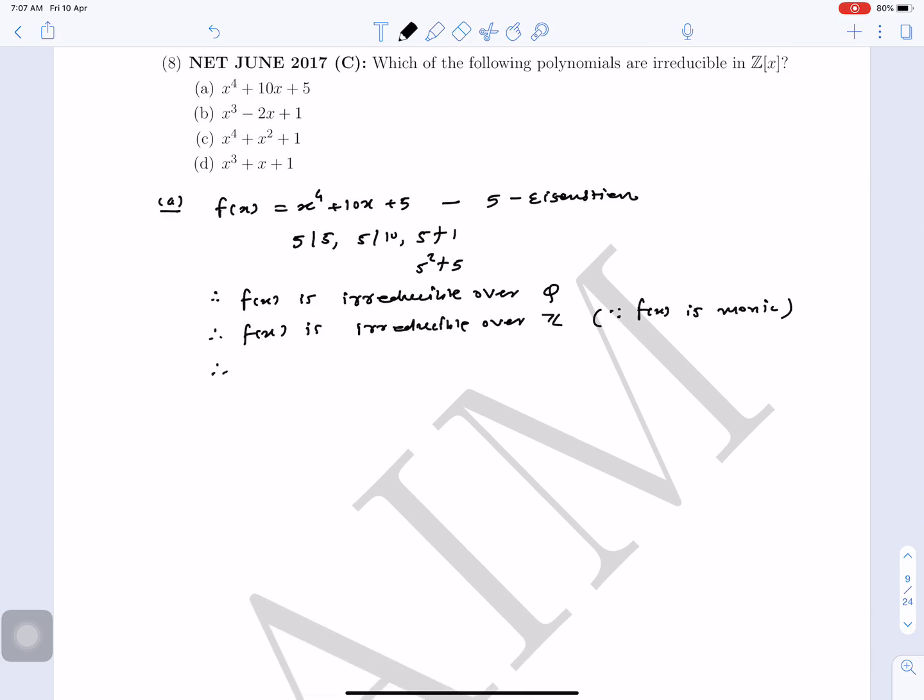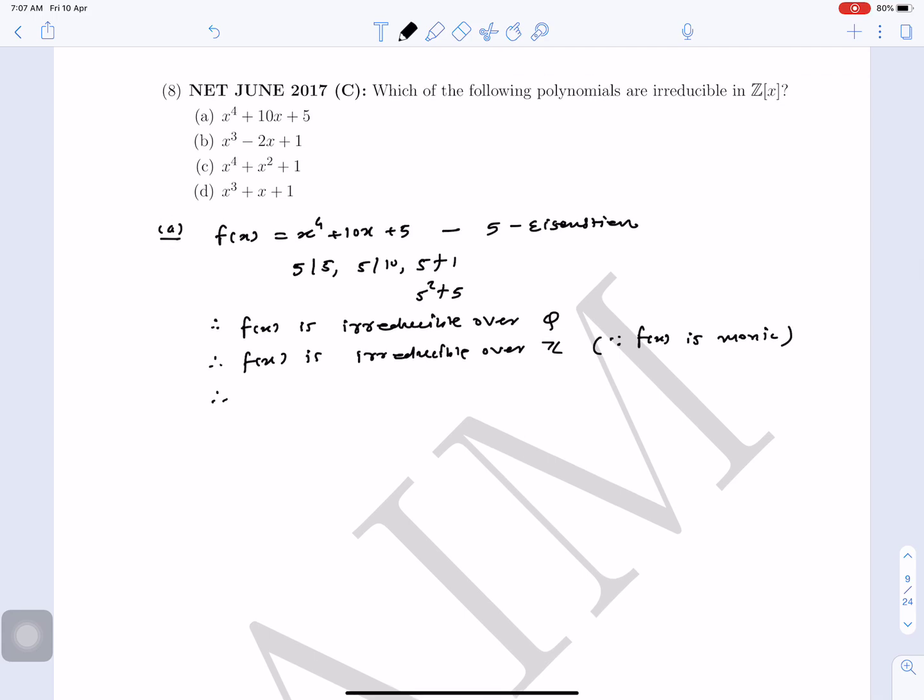And we are looking for which of the following polynomials are irreducible in Z[x]. So option A is correct, it is irreducible.